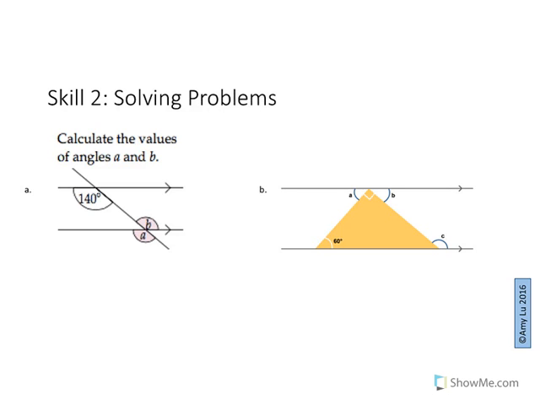Okay, so in problem A, just to let you know, there's multiple ways to approach these, and I'm just showing one way. However, if you've come up with another way, you can check in with your teacher just to make sure it's okay. Now, I can see that this is a backwards F. If this is 140 degrees, that means this one right here is also 140 degrees because those are corresponding angles.